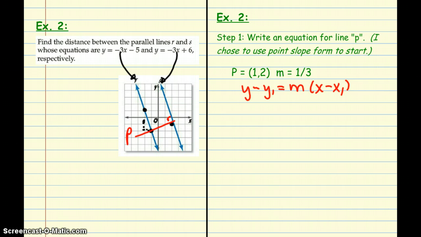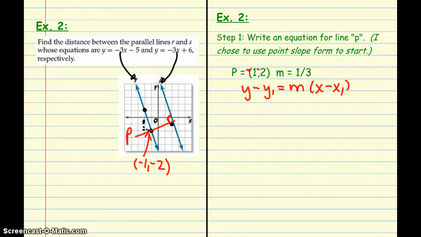And again, I'm going to use this point P. Again, this should be negative 1, negative 2. Sorry about that. This point P right here, I'm going to use negative 1, negative 2. And my slope to go from here to where this right angle is up 1, right 3. So that's where I got my slope of 1/3.